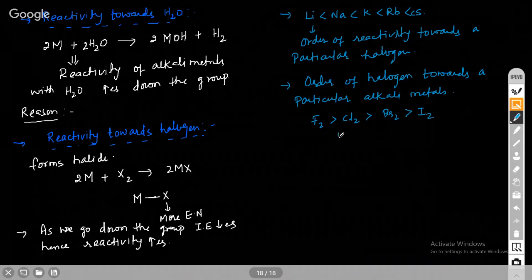This is because of the decrease in electronegativity. As electronegativity decreases, reactivity also decreases.